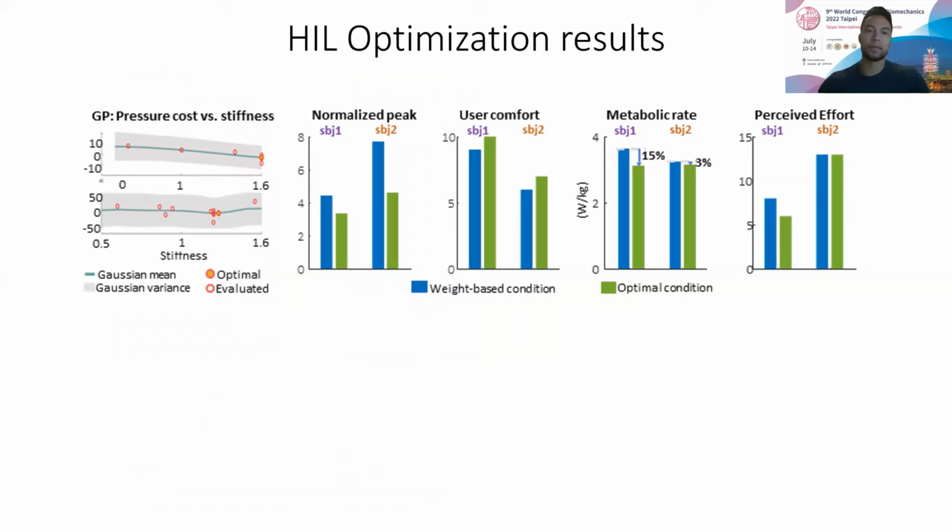For our human in the loop optimization results, on the left-hand figure is the Gaussian process for subject 1 on the top and subject 2 on the bottom, with pressure cost on the y-axis and stiffness on the x-axis. You can see how varying optimal parameters were converged for each subject.